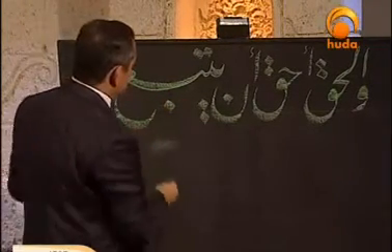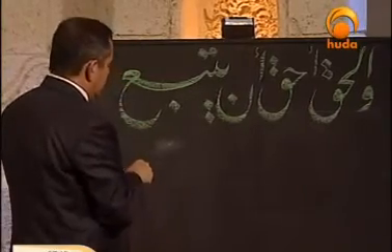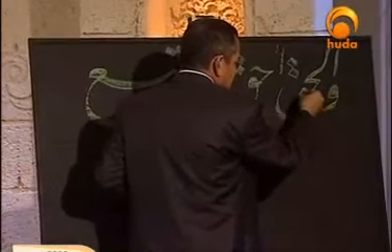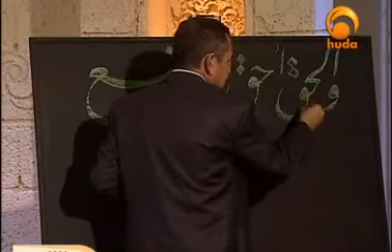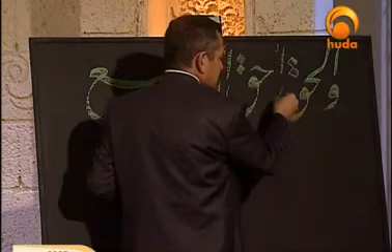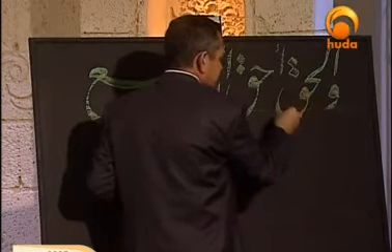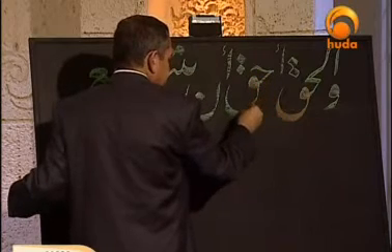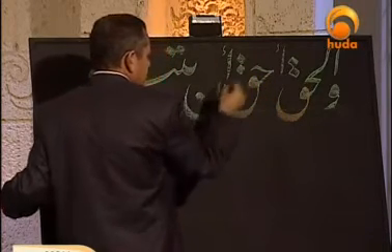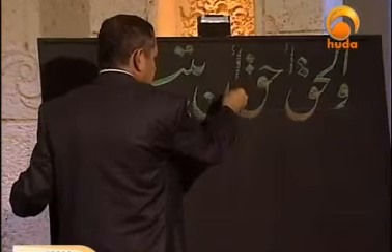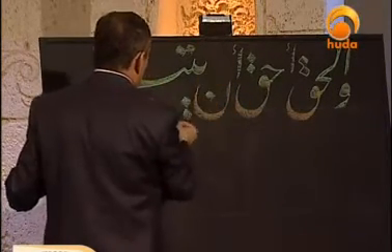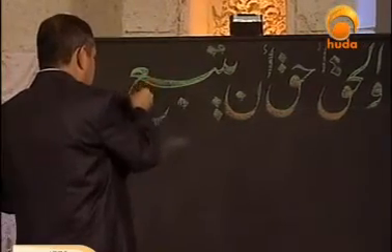So here I intend actually to write this verse because of qaf. You see the curve here. أحق, you see the other qaf, the same way and same shape. يتبع, I took ain in the same shape also from the other side.